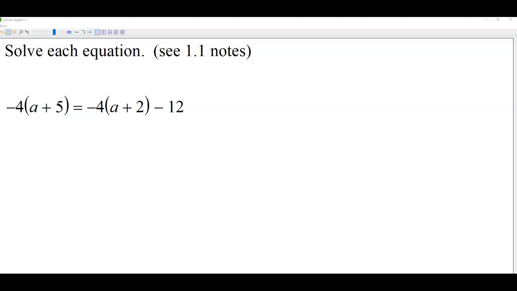We have another problem to try out here. So same steps as number 1. So if you want to see the steps written out in words, go ahead and look back at number 1. But here, we're going to start with the same first step, which is to distribute first.